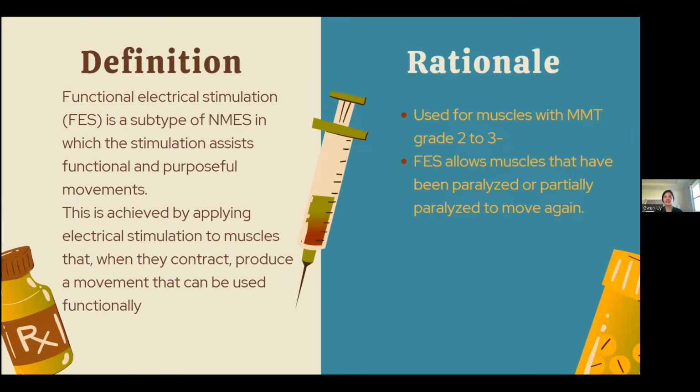FES is usually used for muscles with an MMT grade of 2 to 3 minus. If the muscle can tolerate movement against gravity, electromagnetic PAMs are not used anymore. FES allows muscles that have been paralyzed or partially paralyzed to function again.